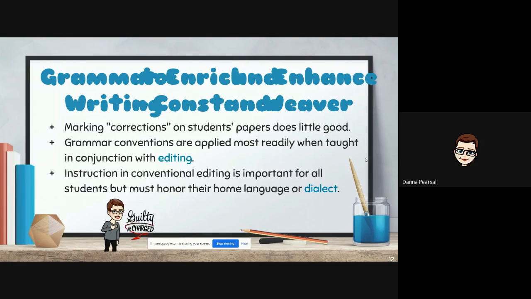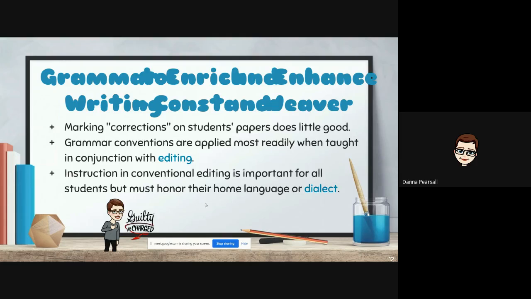So when we have a conference, or even if we maybe put on the side of the paper like a star because there is an error, something like that, then that's going to make the students think about what and why a correction needs to be made. And again, there's that link for editing with some more information about that.